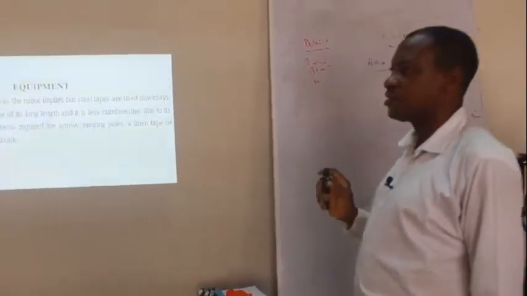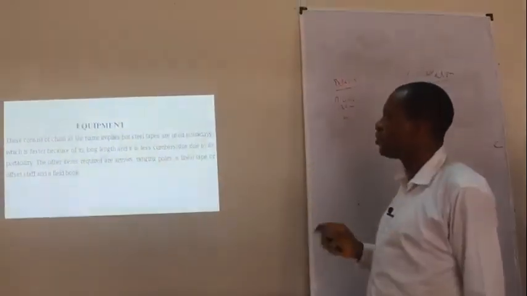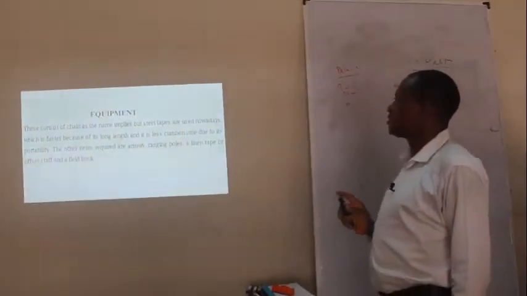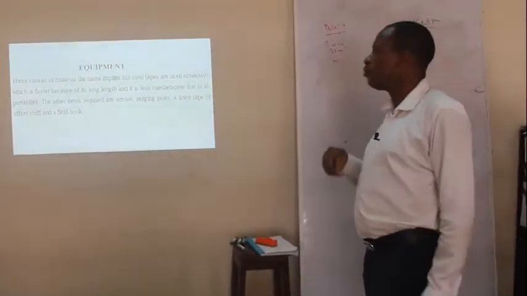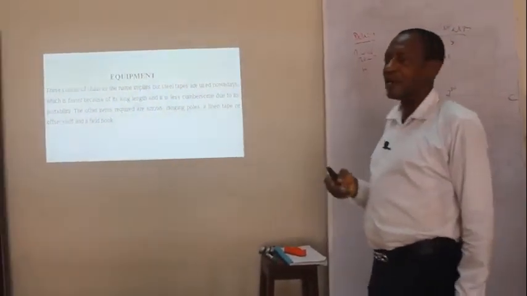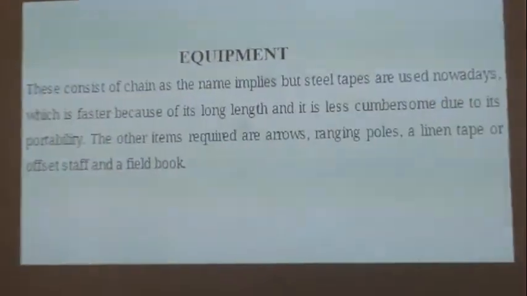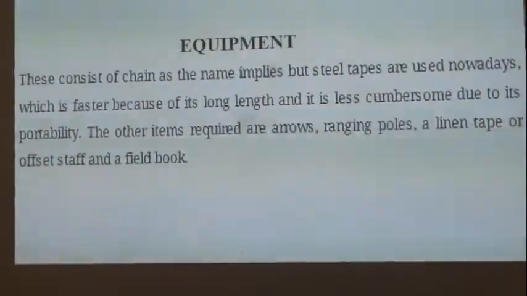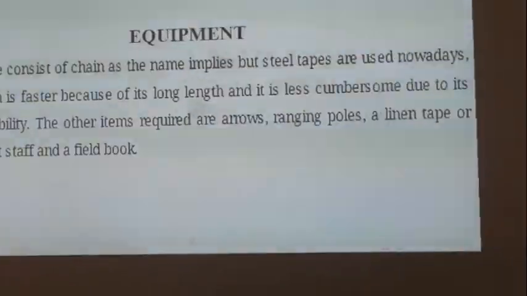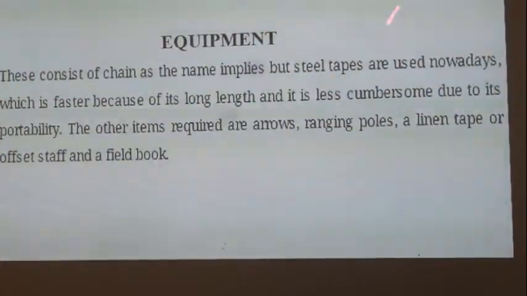We said that it is chain. It was chain they were using in the old days. But today, the world is moving at a very alarming speed, and no one can afford to be dragging chain when you want to measure. Even these days, you have a distometer, just like your handset, that has a laser.